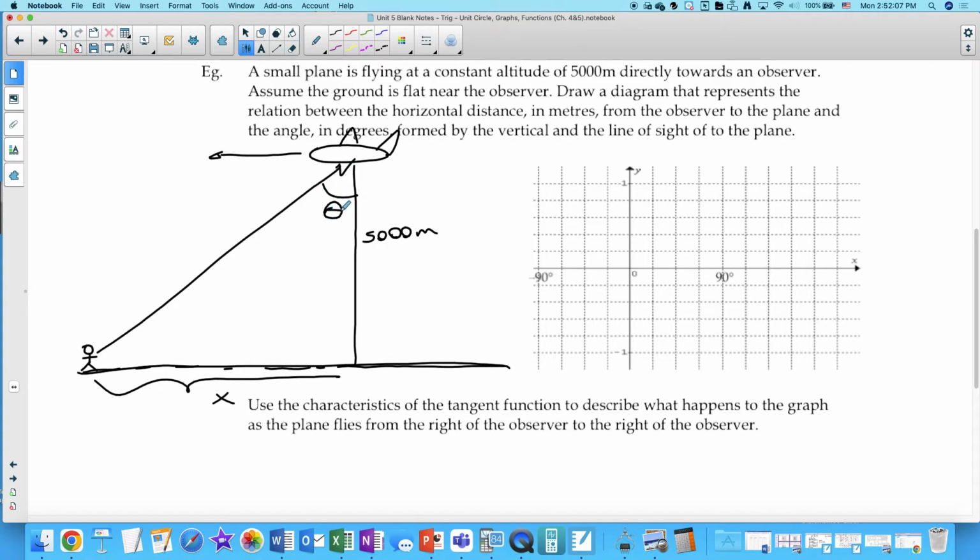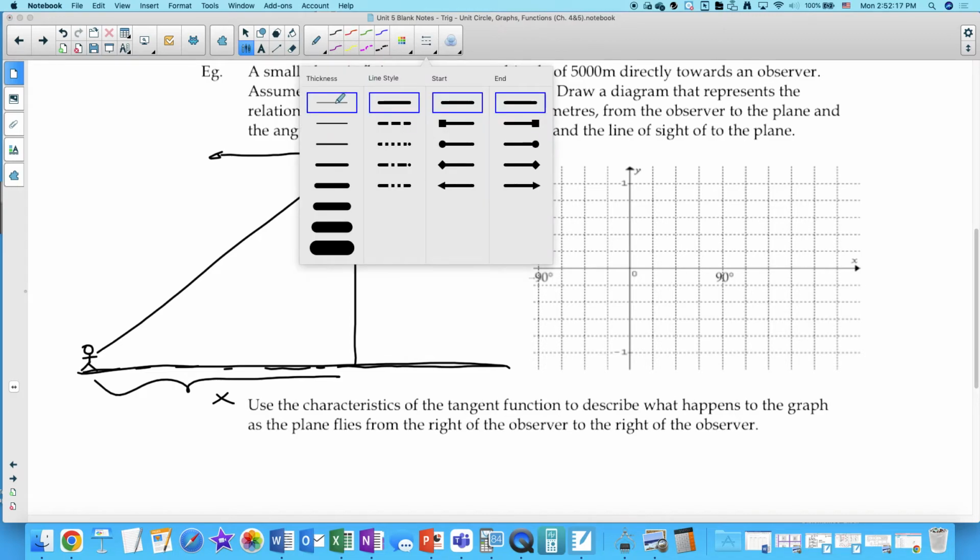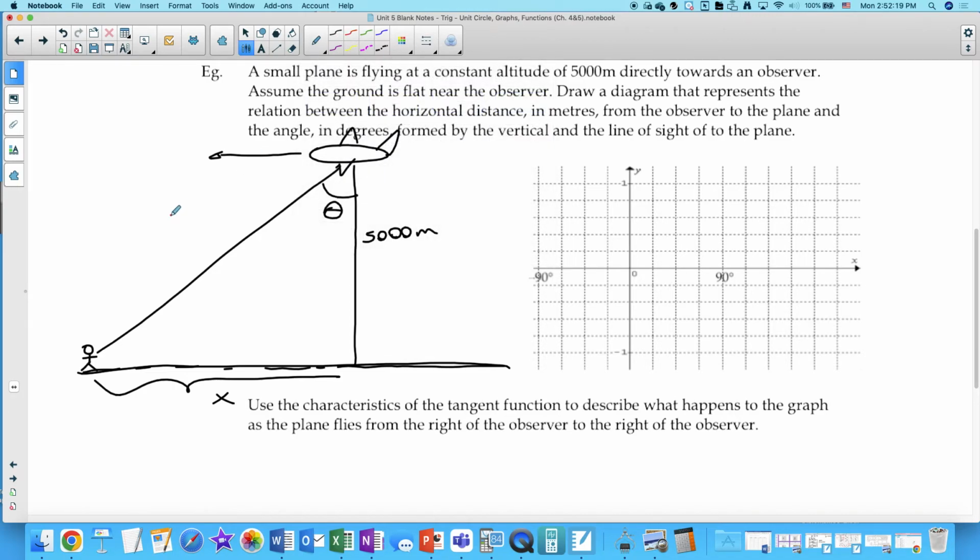Now when the plane moves closer, I'll do this closer image in a different color. The height is not going to change. So if the plane's over here, what's changing is this and this. But the height doesn't change. So the plane is sort of cruising along like that.